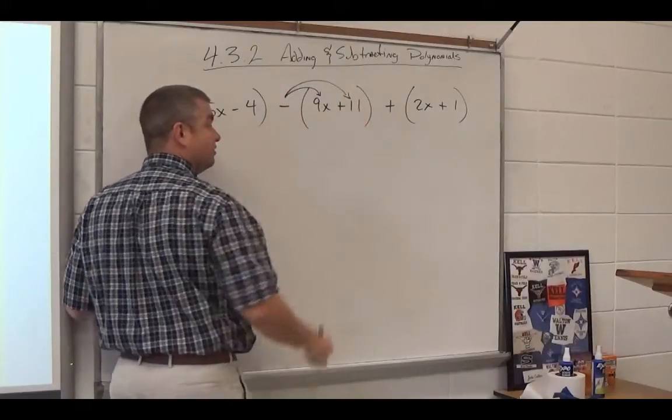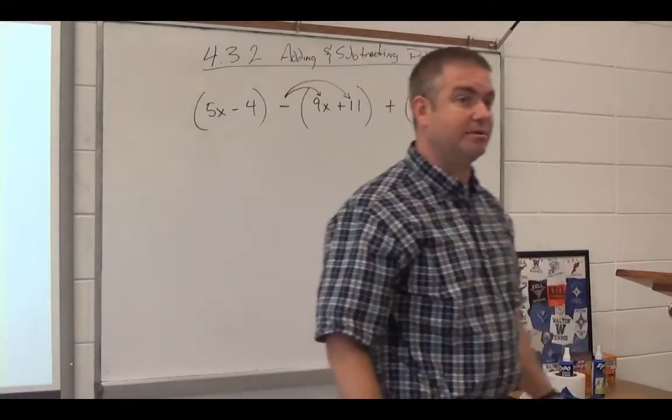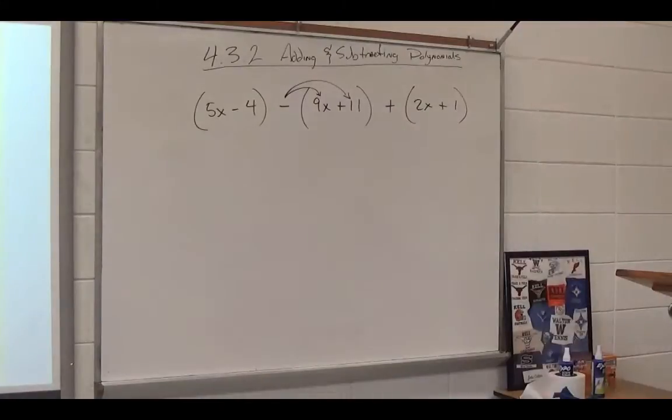Most students that miss this problem, they do it on the 9x, but they forget to do it to the 11. Write in your notes. Must remember to distribute. Or you could say, don't forget to distribute the negative. That's the number 1 reason students miss these problems, is they don't distribute the negative.